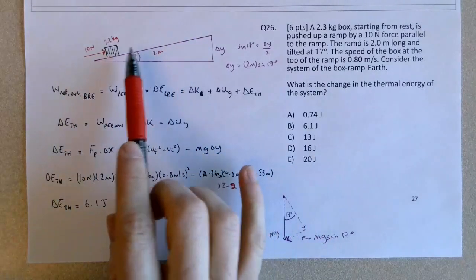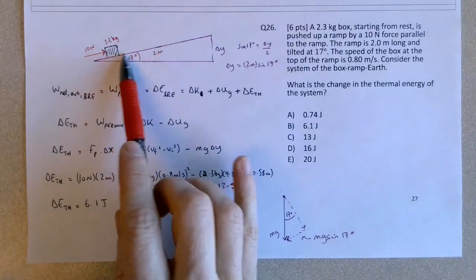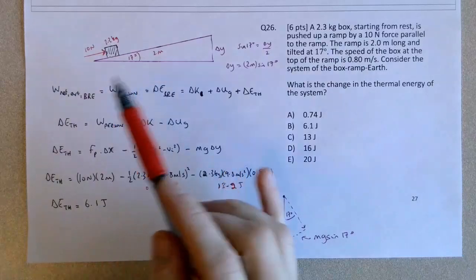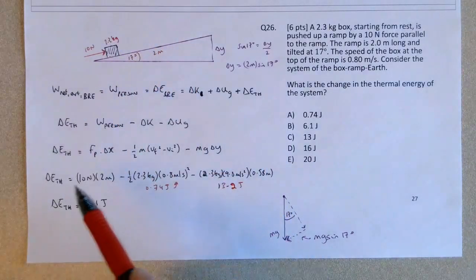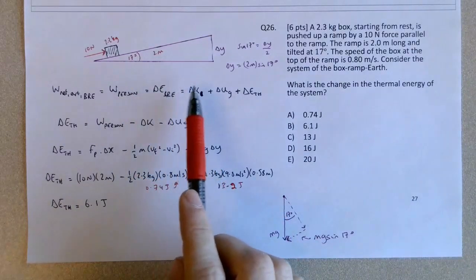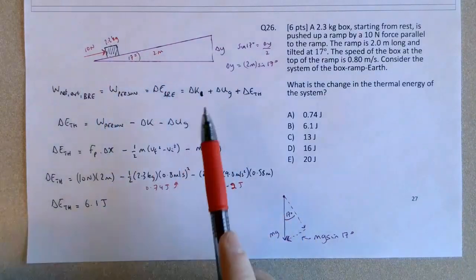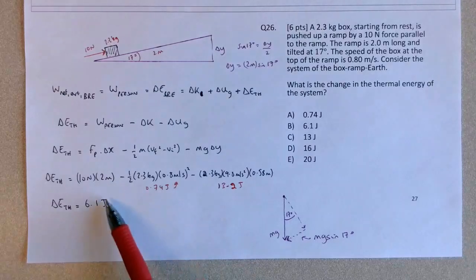So the temperature of the block and the ramp, maybe plus some of the molecules surrounding them, would be slightly larger, and basically that's linked to energy. The molecules are moving with slightly larger speeds, so larger kinetic energy, but that's probably too much detail. But that's where the remaining 6.1 joules is going.